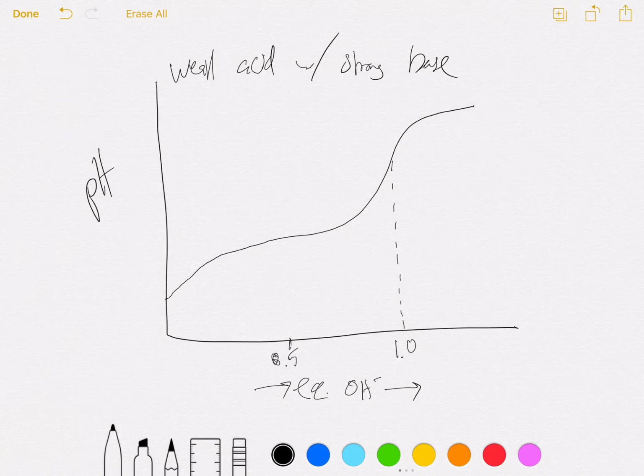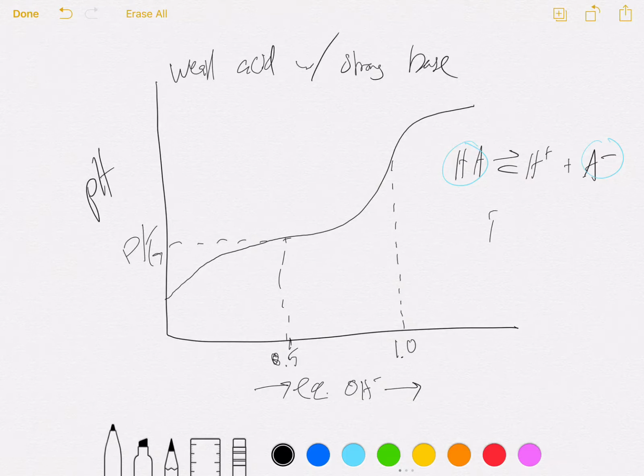If half of it is titrated, that means that given that we're obeying the equilibrium of HA to H plus and A minus, what is special about going halfway across, and we start out with essentially 100% of this, and we add enough titrant to get half of it between that and that, what you have at that point is a situation where the pH equals the pKa, because the concentration of the weak acid will pretty much be the same as the concentration of the conjugate base.